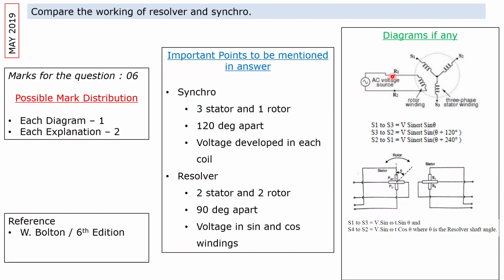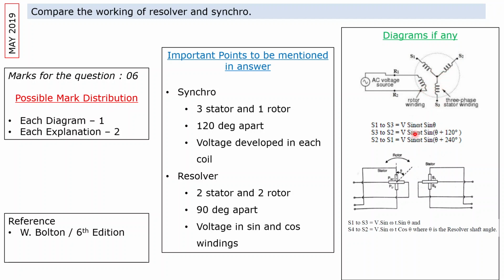The shaft is rotating with this particular rotor, and a voltage is developed in each coil. Each coil is 120 degrees apart, and the rotor is rotating at a particular angle theta with respect to the stator winding.